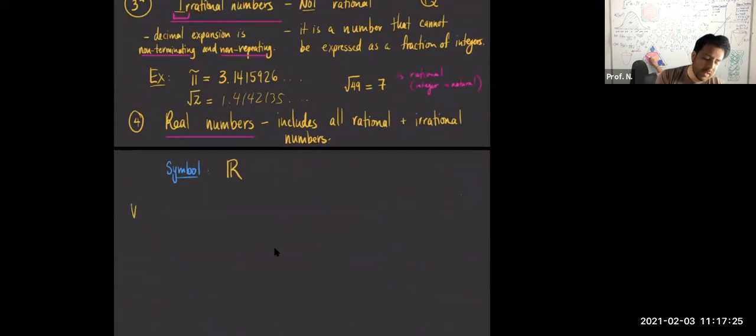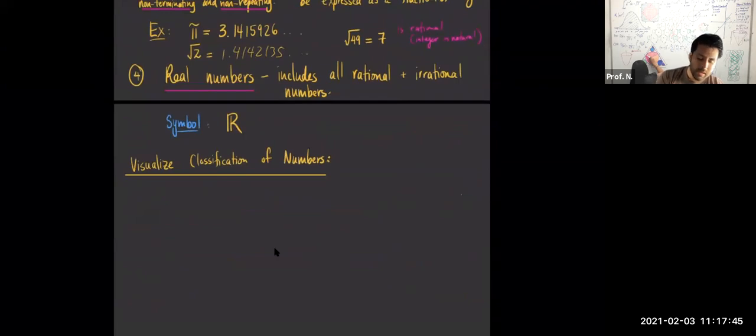So to visualize the classification of numbers, what's one way of doing so? There's a lot of visualization that can help.